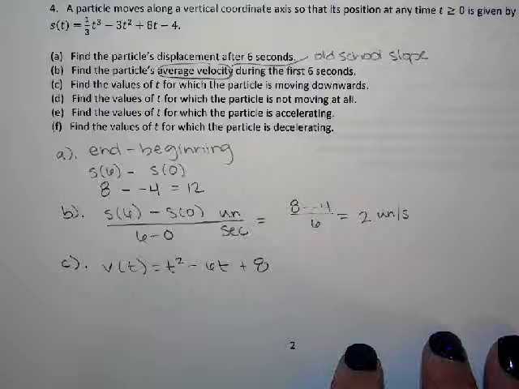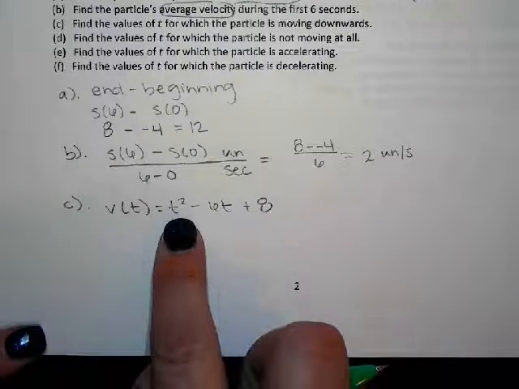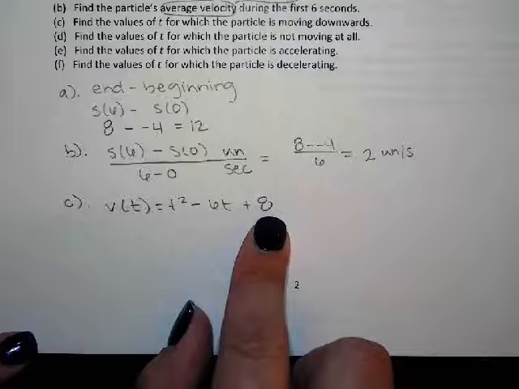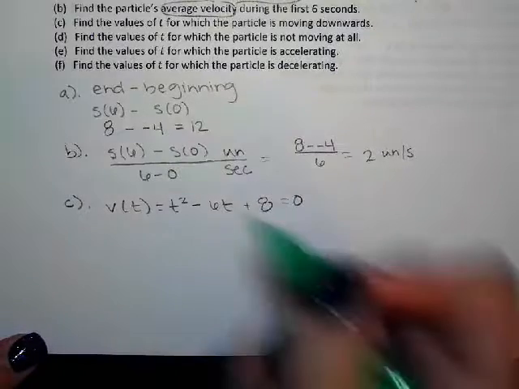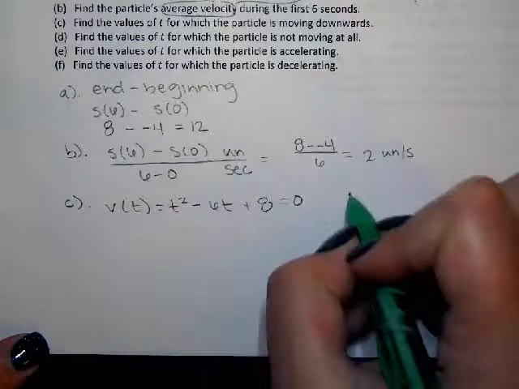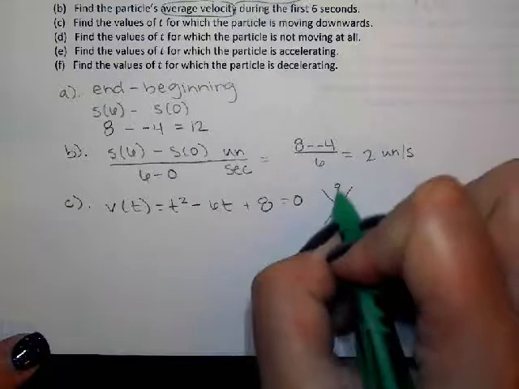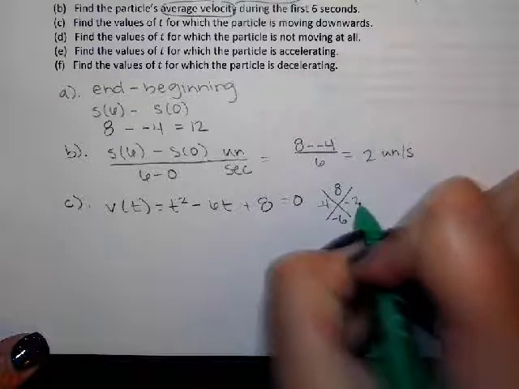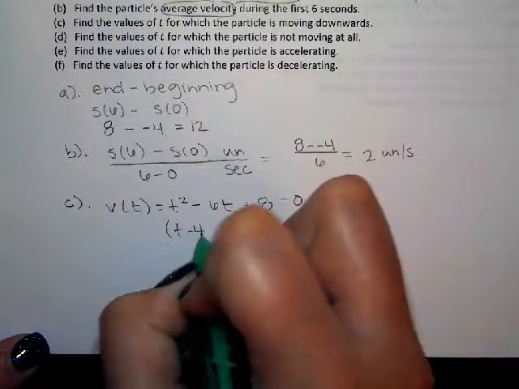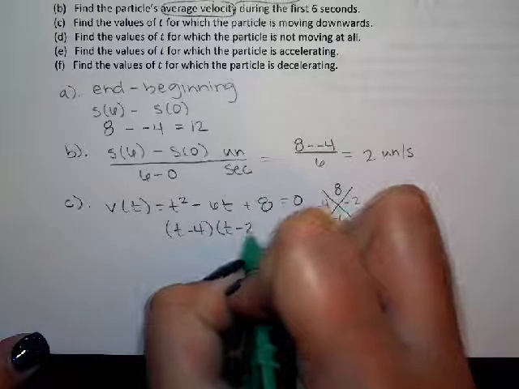How do we find the numbers on our sign chart? We need to figure out where it equals 0. Okay, how do we take a quadratic and figure out where it equals 0? Yeah, set it equal to 0 and factor it. Okay, so what are two numbers that multiply to 8 but add to -6? -4, -2. So we got t minus 4, t minus 2.